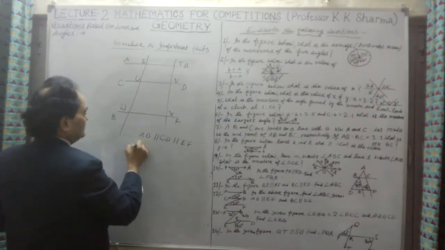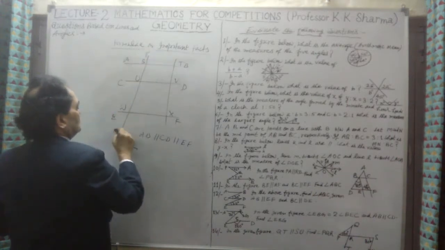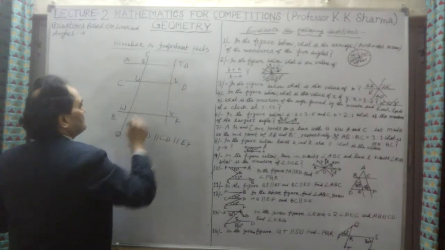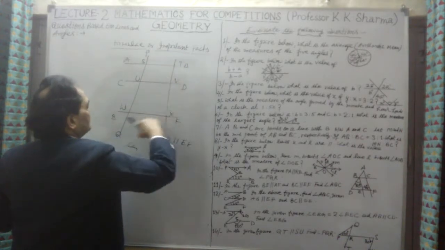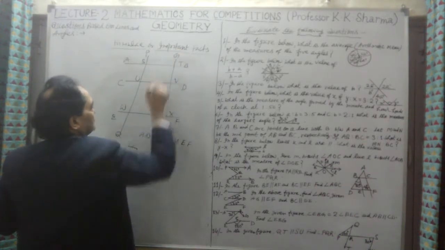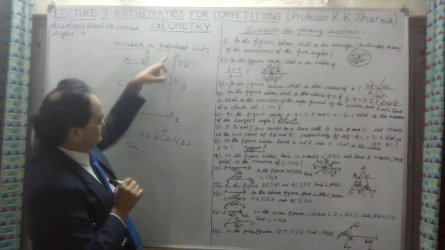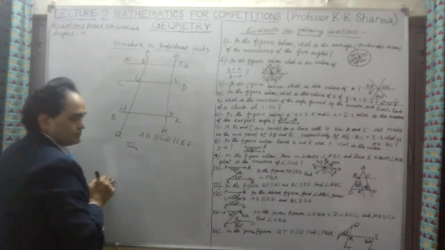then take these two transversal lines, PQ and GH. So PQ and GH are transversal lines, and these 3 are parallel lines.